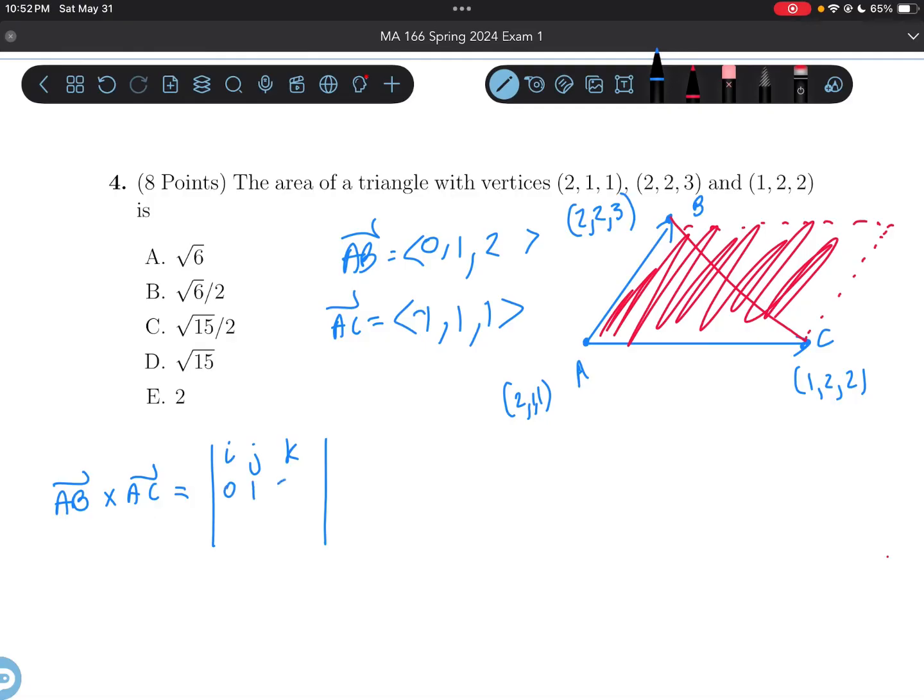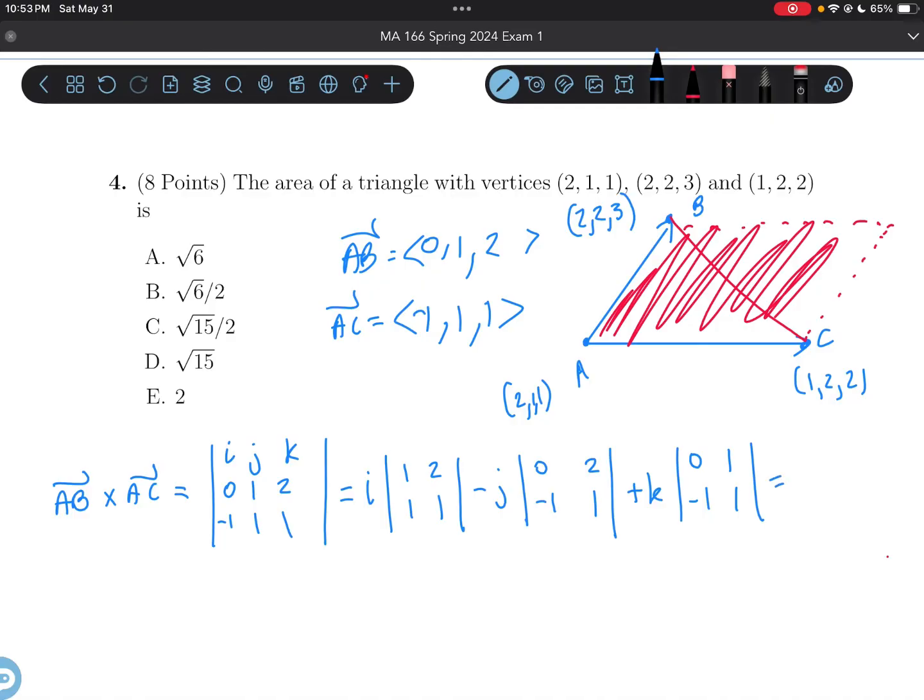And then the second and third rows are just the vectors. And now, according to the formula for determinants, this is equal to i times the determinant of [1, 2; 1, 1] minus j times the determinant of [0, 2; -1, 1] plus k times the determinant of [0, 1; -1, 1].